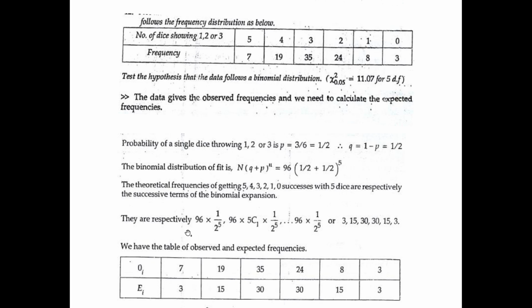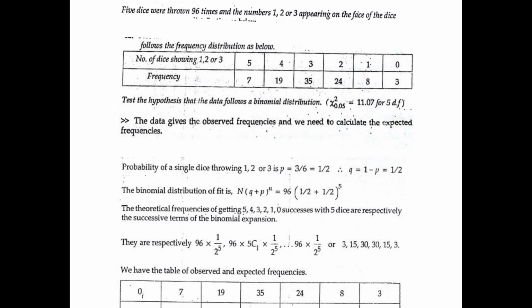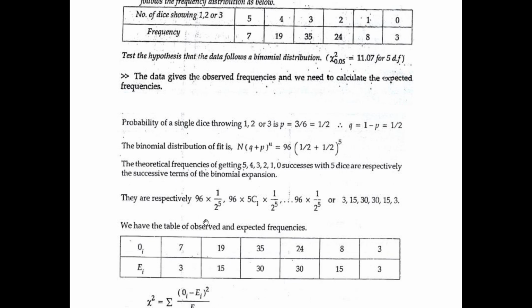Now we have to find the theoretical frequencies. There are 96 throws, so it is 96 into 1 by 2 power 5 for the first term. Next, for the probability of happening of 0 successes, it is 96 into 5C0 into 1 by 2 power 5, then 96 into 5C1 into 1 by 2 power 5, then 96 into 5C2 into 1 by 2 power 5, then 96 into 5C3 into 1 by 2 power 5.